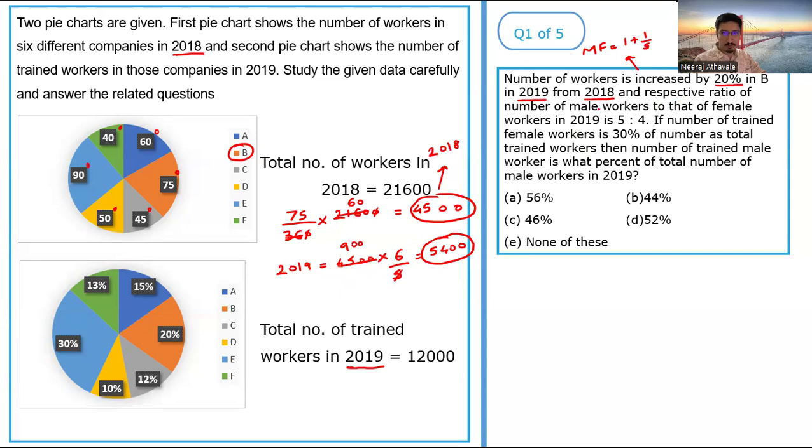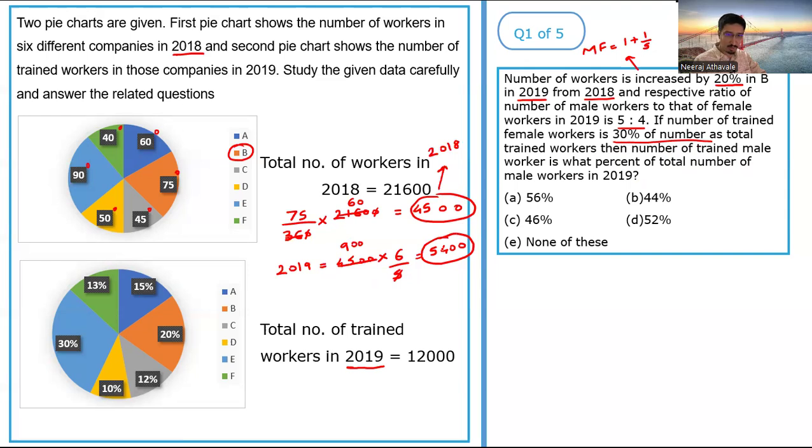The respective ratio of male to female workers in 2019 is 5:4. If the number of trained female workers is 30% of the total trained workers, then the number of trained male workers is what percentage of the total number of male workers in 2019?